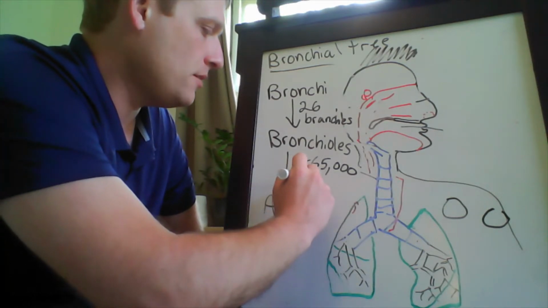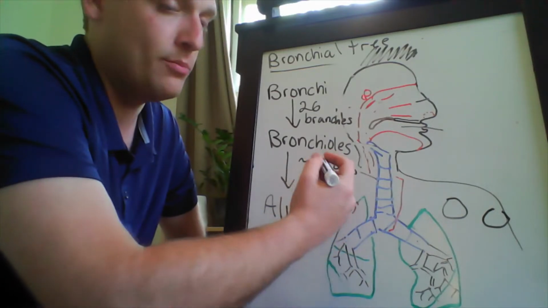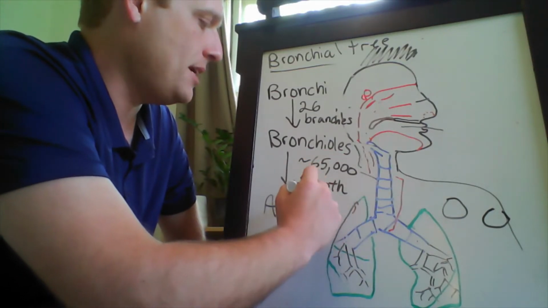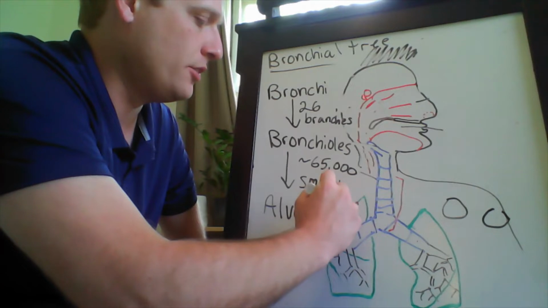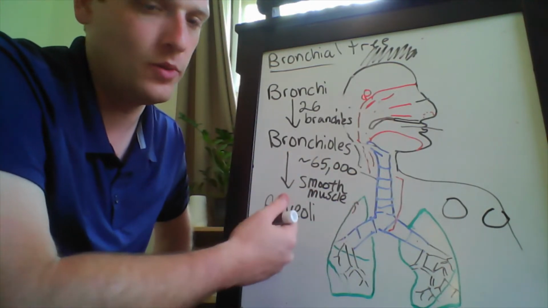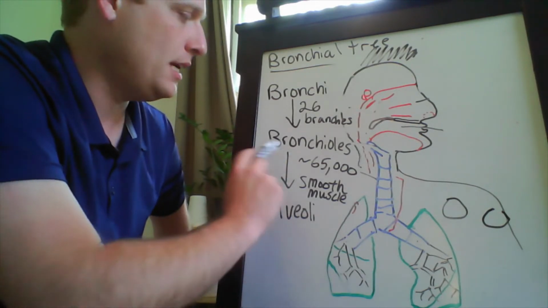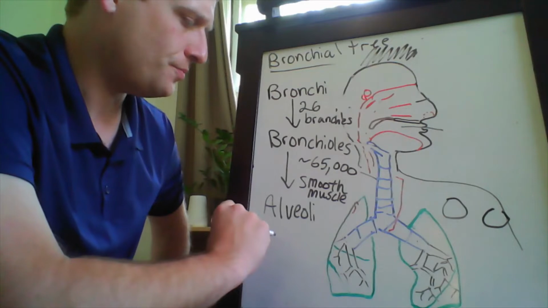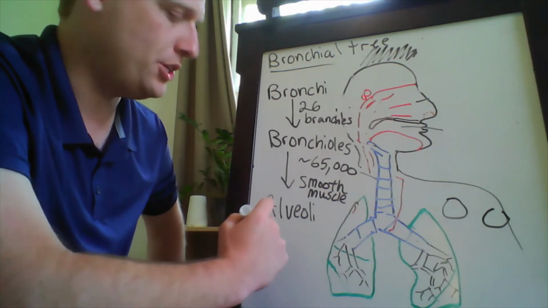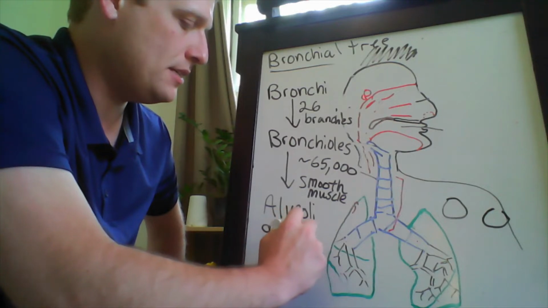So, as was the case with the other passageways for blood, it's going to be controlled by smooth muscle in the respiratory system. Smooth muscle contracting or relaxing can control the flow of air in the bronchioles to the alveoli, which again is where the gas exchange is taking place.